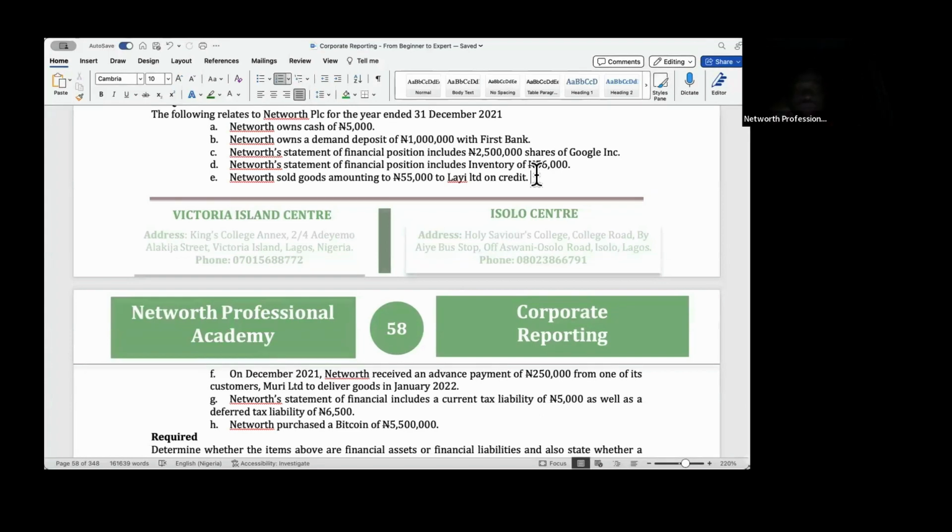Okay, good. So the next thing is, is there a financial instrument contract here? Yes, sir, there is. Okay, which is?